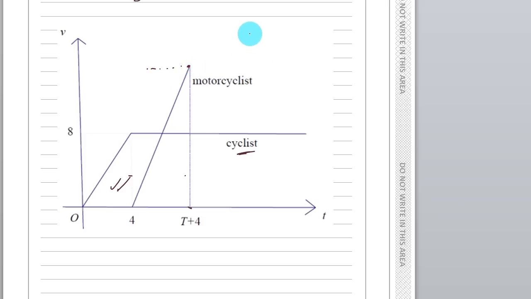So we have acceleration equal to v divided by t. Now acceleration is 4, equal to v divided by the total t. So v is equal to 4t. So this value here is equal to 4t.